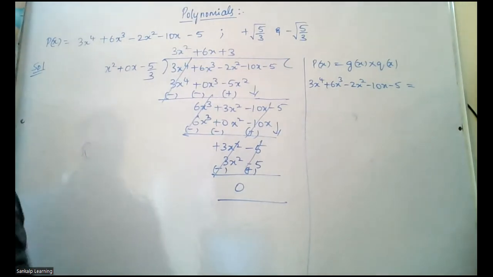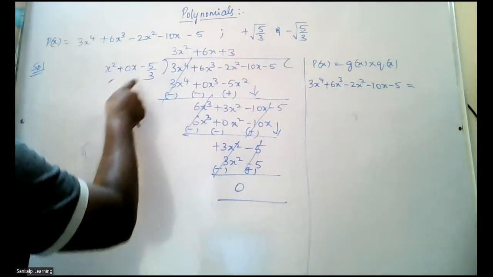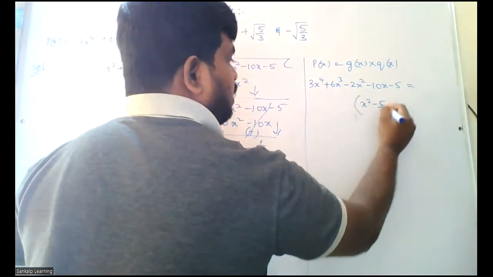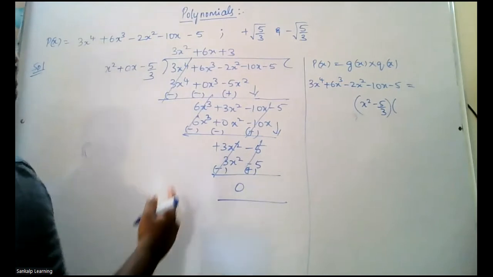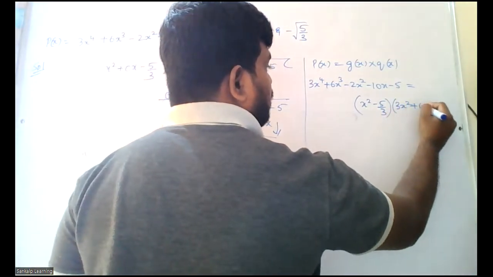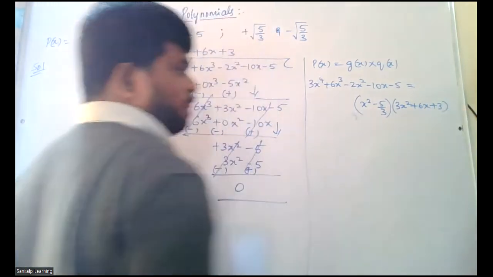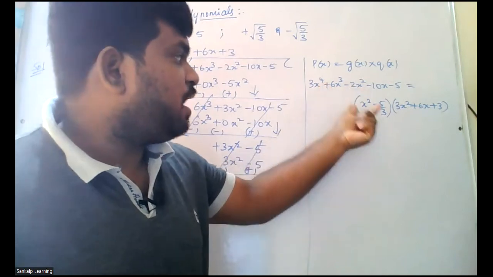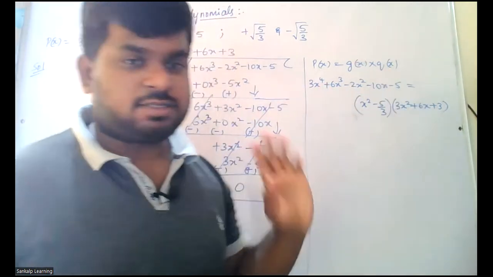What is our g of x? x square plus 0x minus 5 by 3, or I can write it as x square minus 5 by 3, into, what is our q of x? 3x squared plus 6x plus 3. Okay. So what we have done is, we can write this polynomial as a product of this and this. That's what we have done.